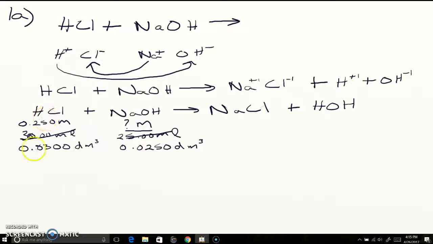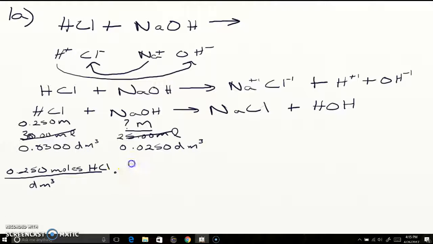So how do we do this? Well, I have so much information on my hydrochloric acid, so I start with that, and this is what it looks like. It's 0.250 moles, remember molarity is moles per decimeter cubed of HCl. Okay, so now I'm going to multiply by the volume.